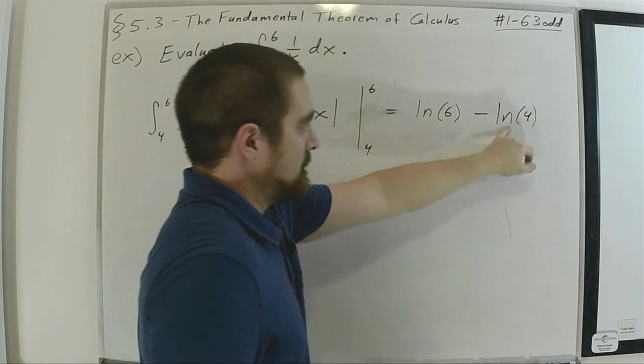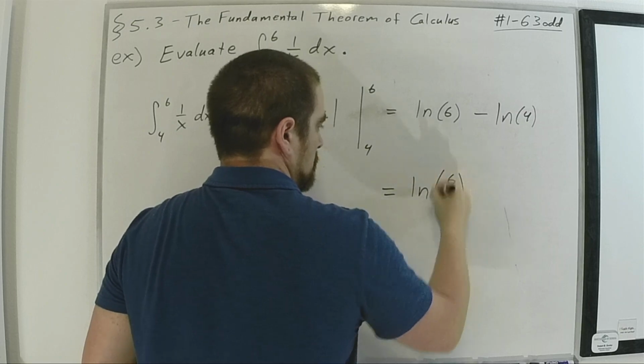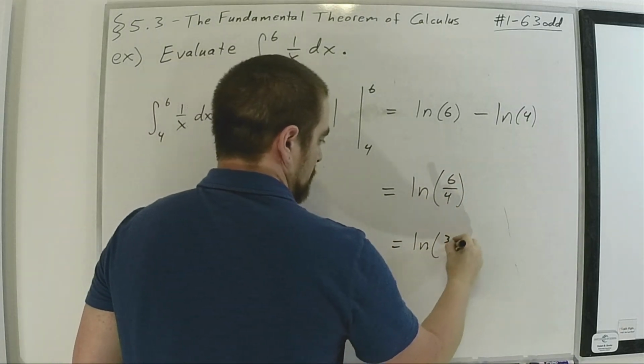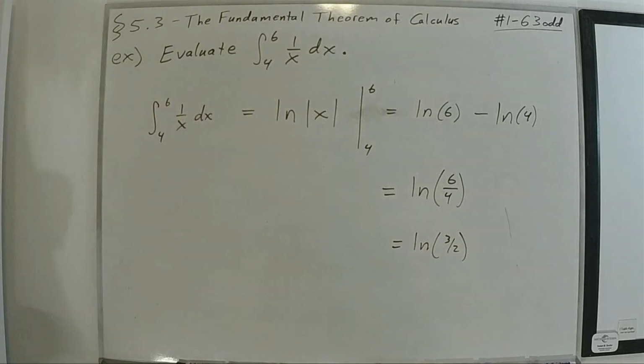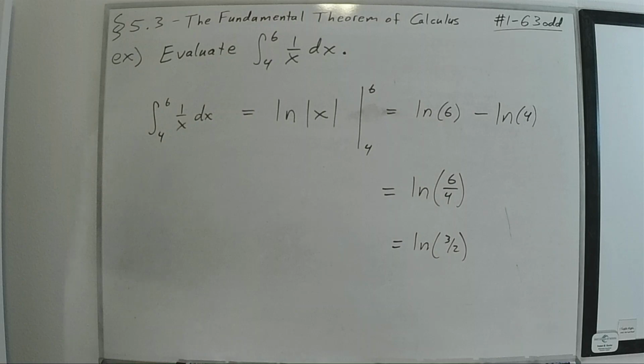Since we're subtracting two logs with the same base, we could write this as ln of 6 divided by 4, which is the natural log of 3/2, which is, again, a positive number. That's why I dropped the absolute value. So the exact value of this integral is natural log of 3/2.